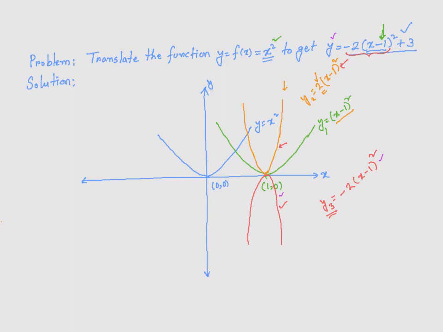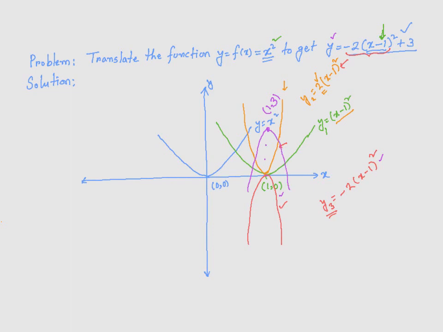Okay, so now let's go ahead and go from here up 1, 2, 3. The vertex is going to move right here, and the coordinates of the vertex are going to be 1, 3, and it is going to be the exact same thing going down.